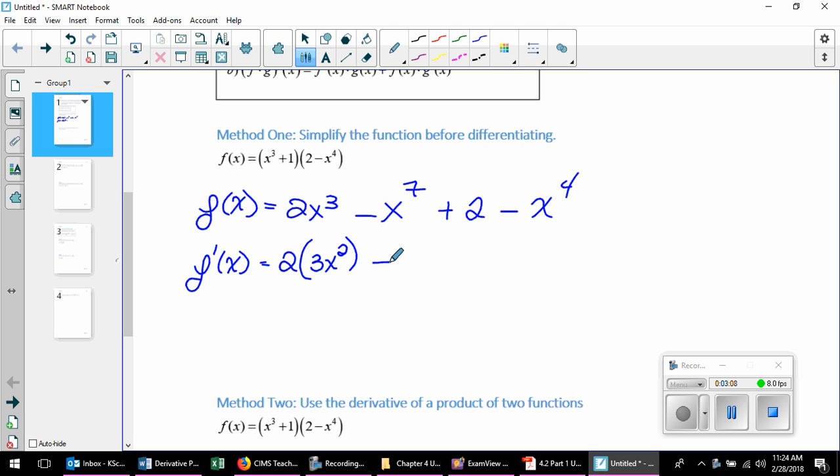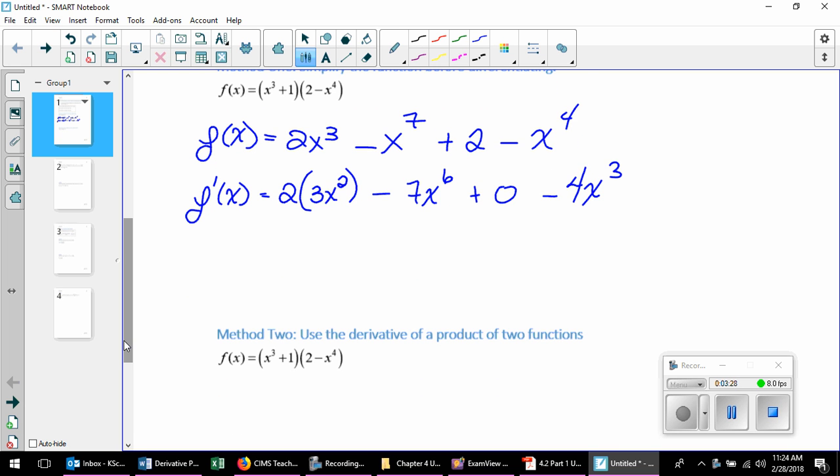Moving on, no coefficient out here, so it's going to be 7x to the exponent 6. What's the derivative of a constant? 0. I don't really need to write that in, but I'm going to just remind us. And this would be minus 4x cubed. So the derivative is 6x squared minus 7x to the exponent 6 minus 4x cubed.